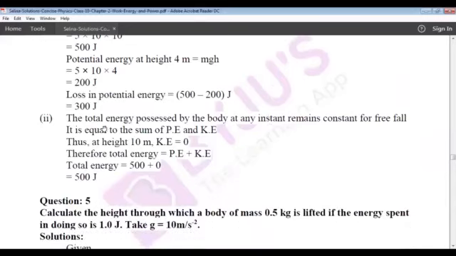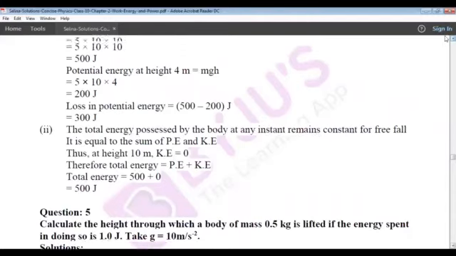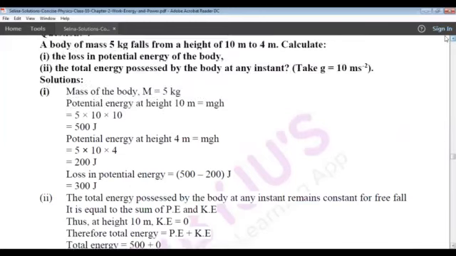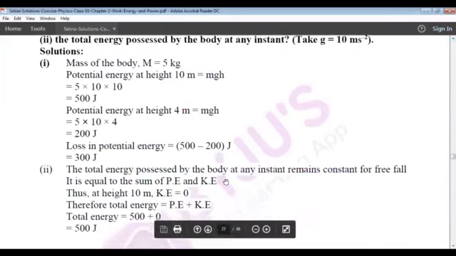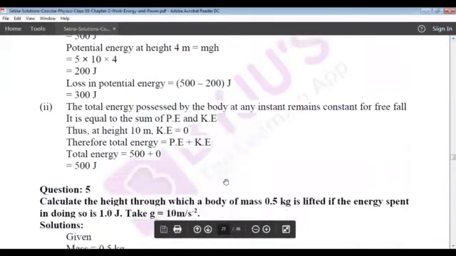Third one: the total energy possessed by the body at any instant remains constant. See here, in the second part, what they have told? We need to find the total energy possessed by the body at any instant.